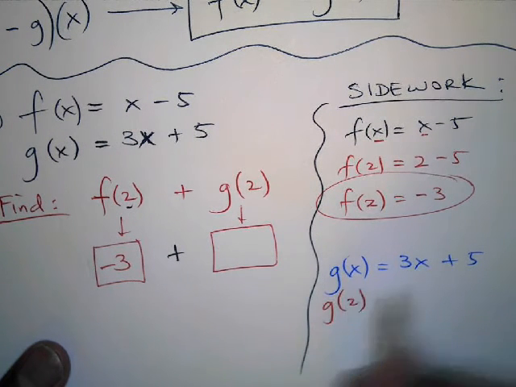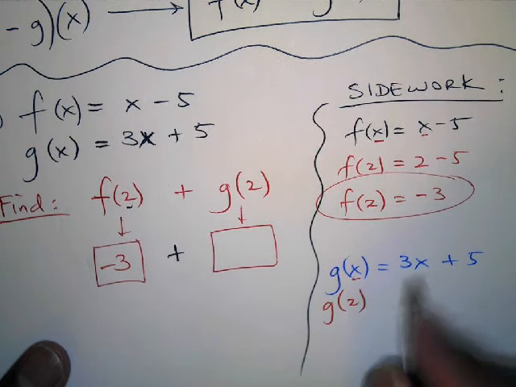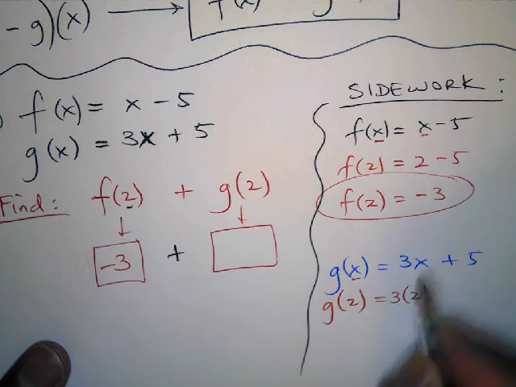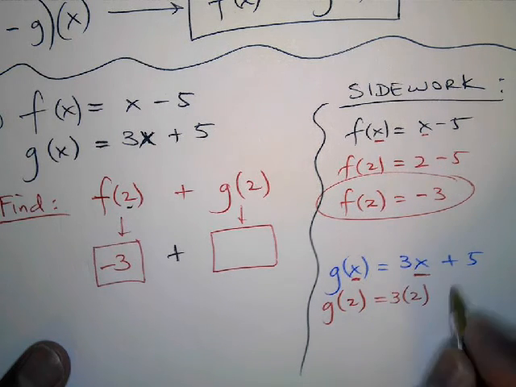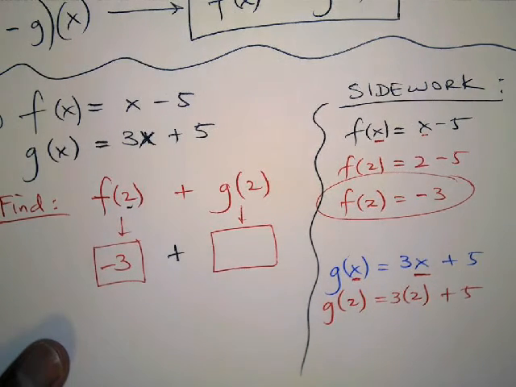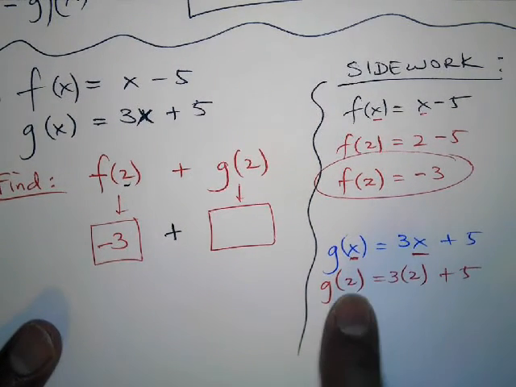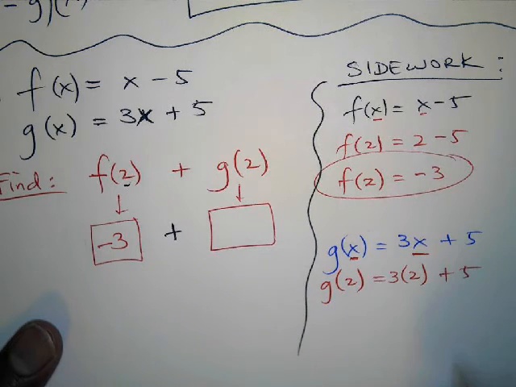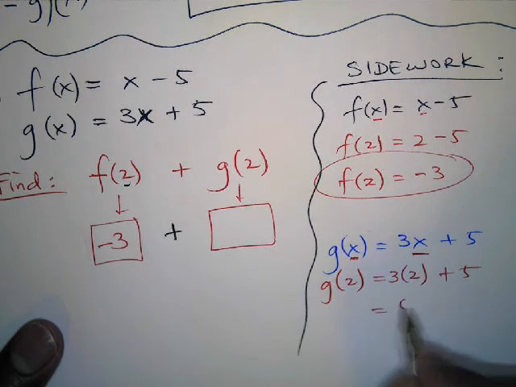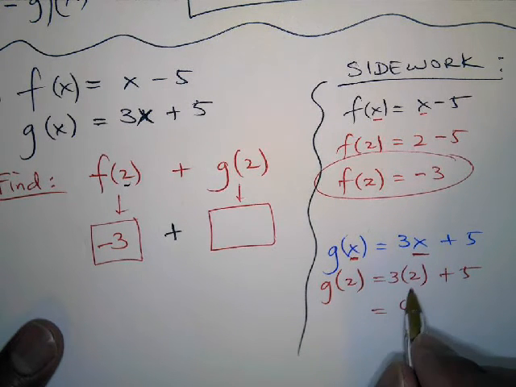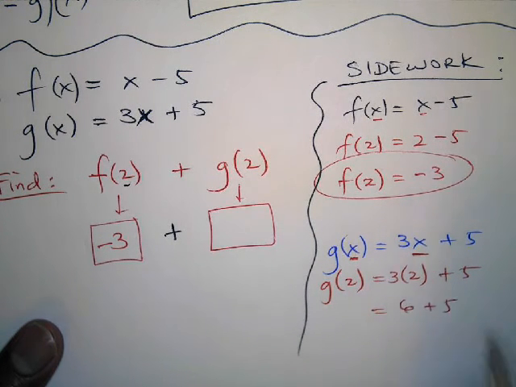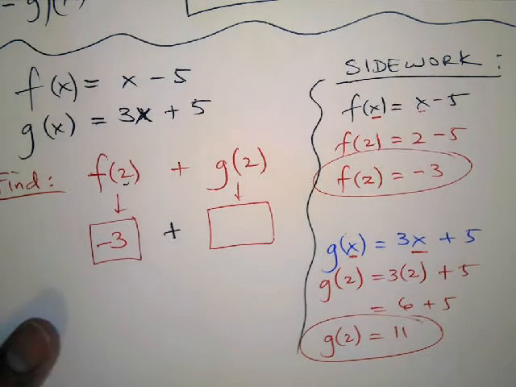So that means where I see an x, I put a 2. I'm going to put a 2 right here. 3 times 2, and also a 2 here and a 2 here. Plus 5. And when the input is 2 into this function, 3 times 2 is 6. 6 plus 5. Well, the answer for g of 2 is 11. 6 plus 5, 11.